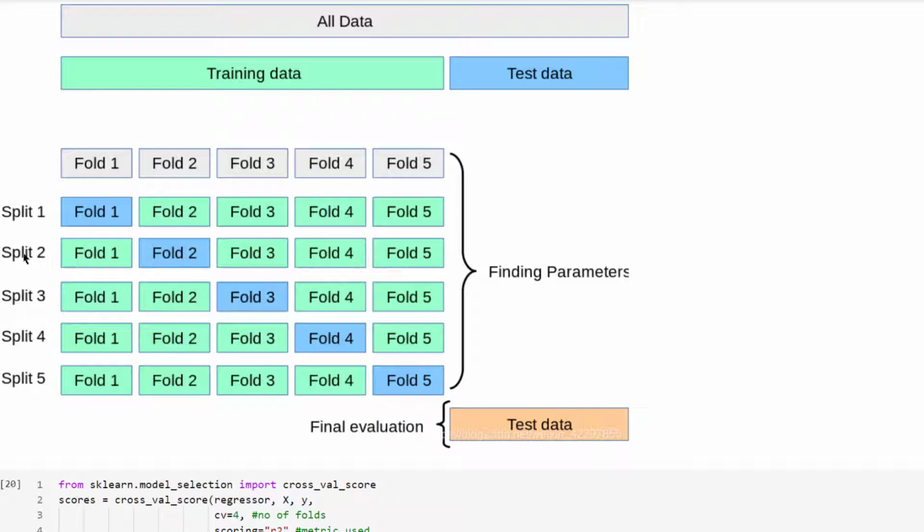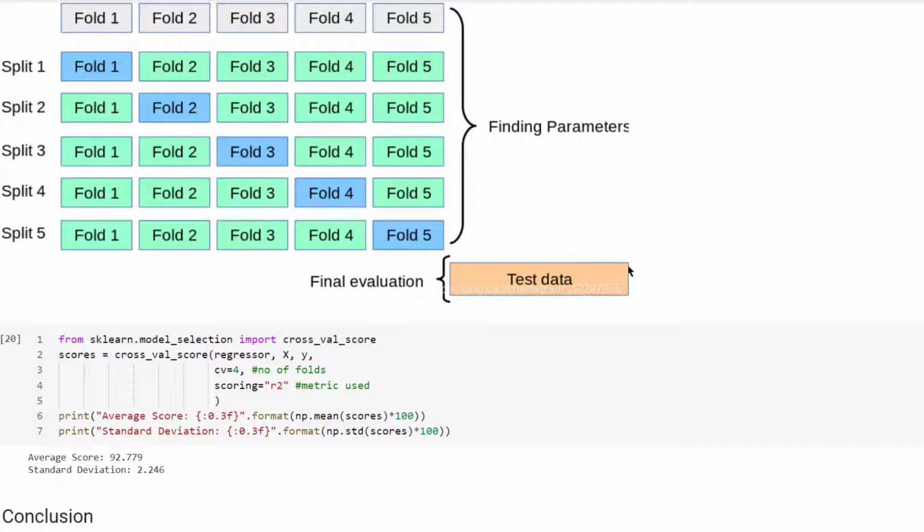In the second split, or the second try, when I create the model, I'll take the second fold, or we can say second part, as testing data set and the remaining as a training data set. So basically the idea is we break our data set into k parts, and we take each and every part as a testing data set and train k different models. That's the idea behind this.